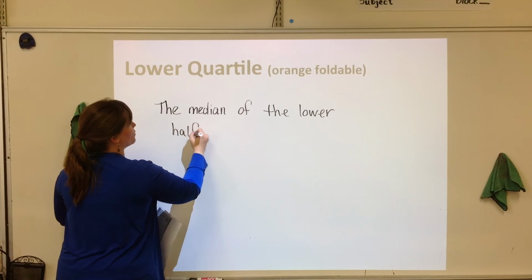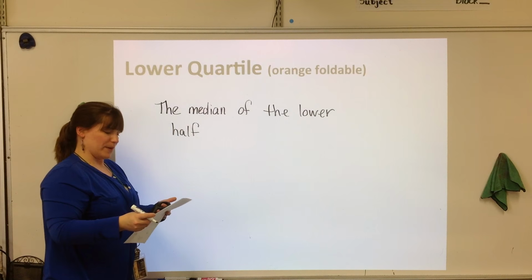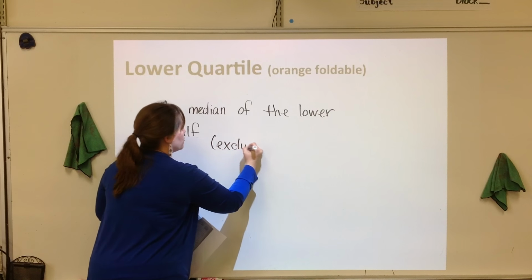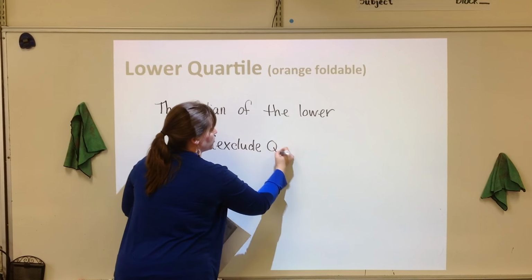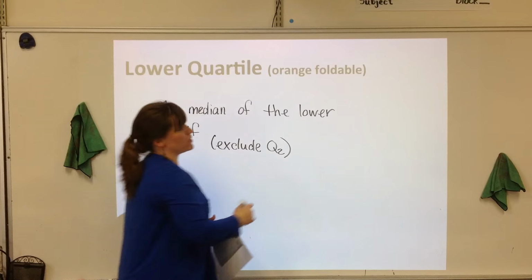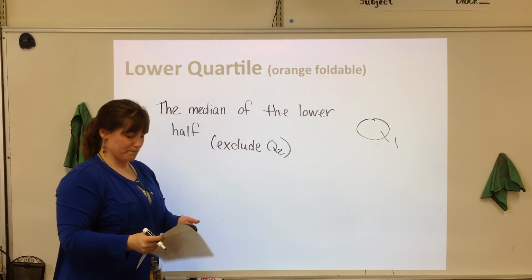And again, if I ever go too fast and you're still writing, just pause it, rewind a little bit, and pick up where you need to. Excluding again, you can't count Q2. The shortcut name for this, like we talked about before, is Q1. Okay.